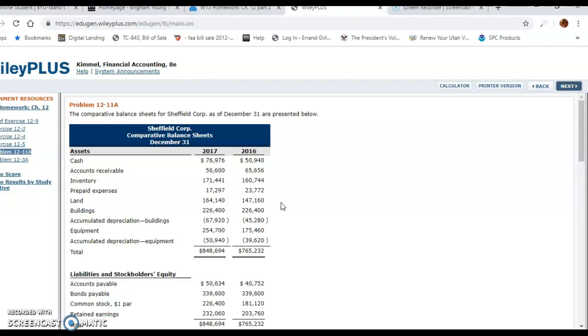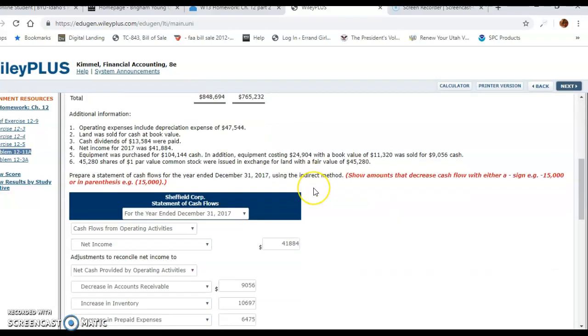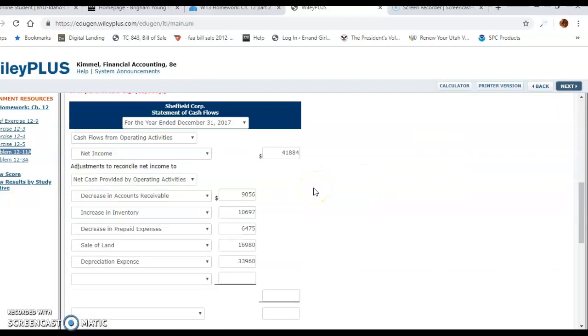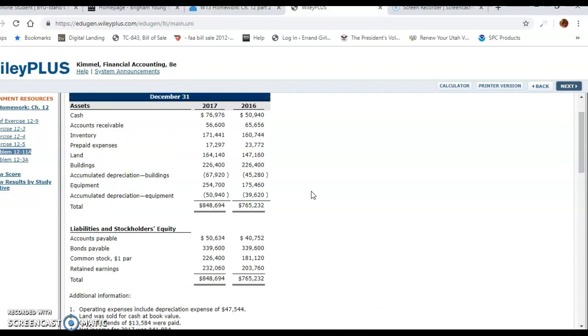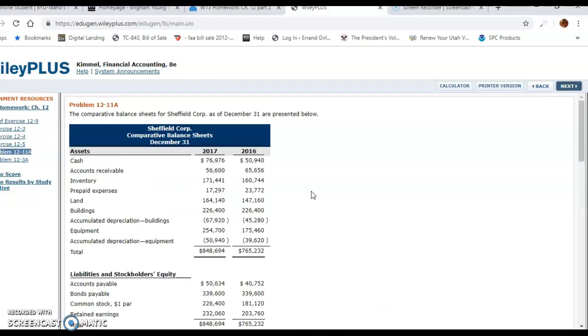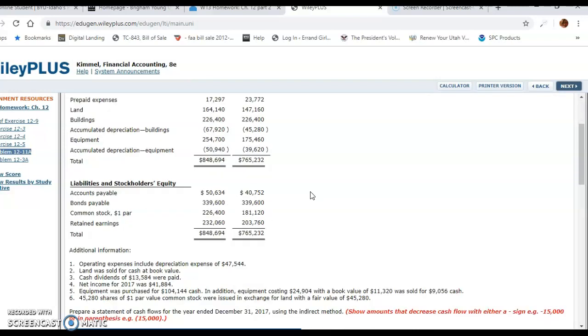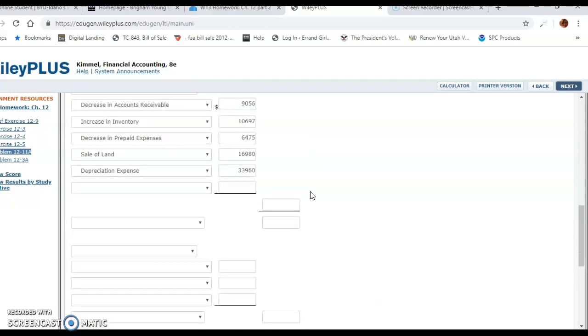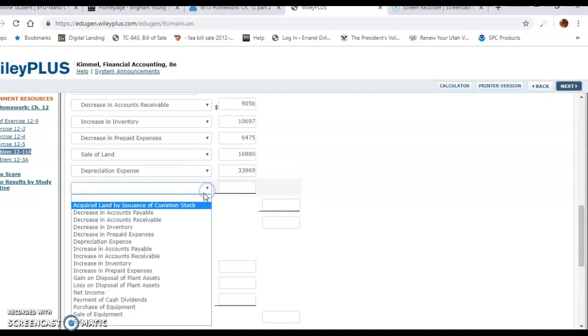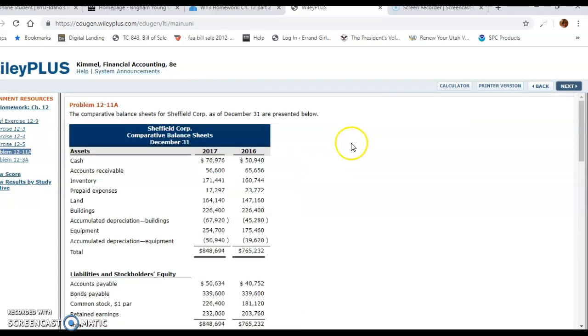Cash flow, decrease in accounts receivable. Receivable, accounts payable. Do I have all that? Receivables. Oh, let's look at accounts payable. Let's try that one. Doesn't hurt to try. So let's look at accounts payable.